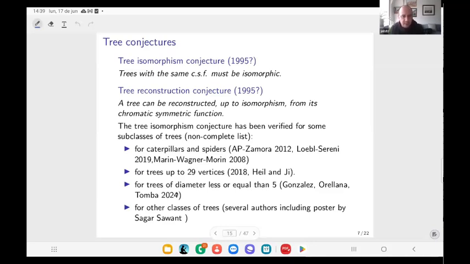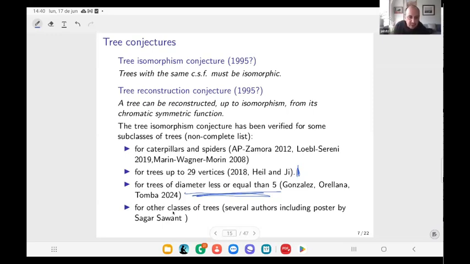They did it, and what is important is that they have an algorithm to reconstruct the tree. So if you give them the chromatic symmetric function of a tree of diameter up to 5, then they give you back the tree up to isomorphism, which is not the same as the other result. There, what they did was really check pairs of trees up to 29 vertices, and they checked that no pair of trees have the same chromatic symmetric function, which is slightly less strong.